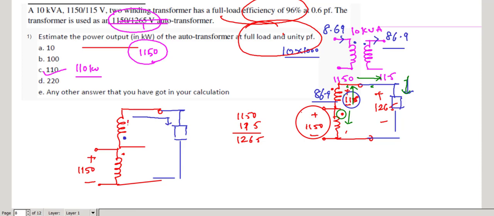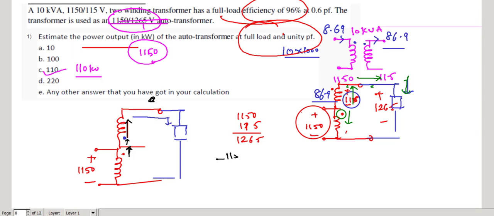So the current must enter the dot here. If current enters the dot in this winding, the current should leave the dot in this winding, right or not? Okay, right. So what is the voltage here?